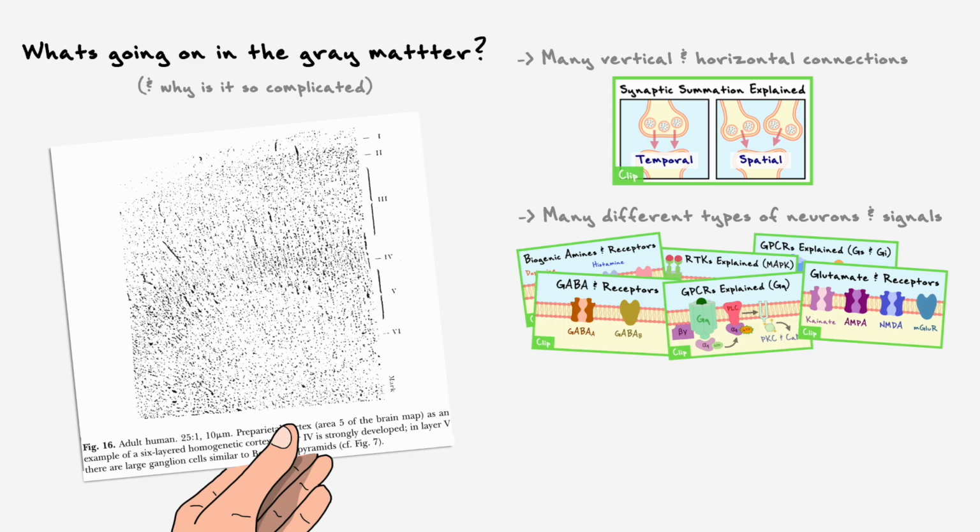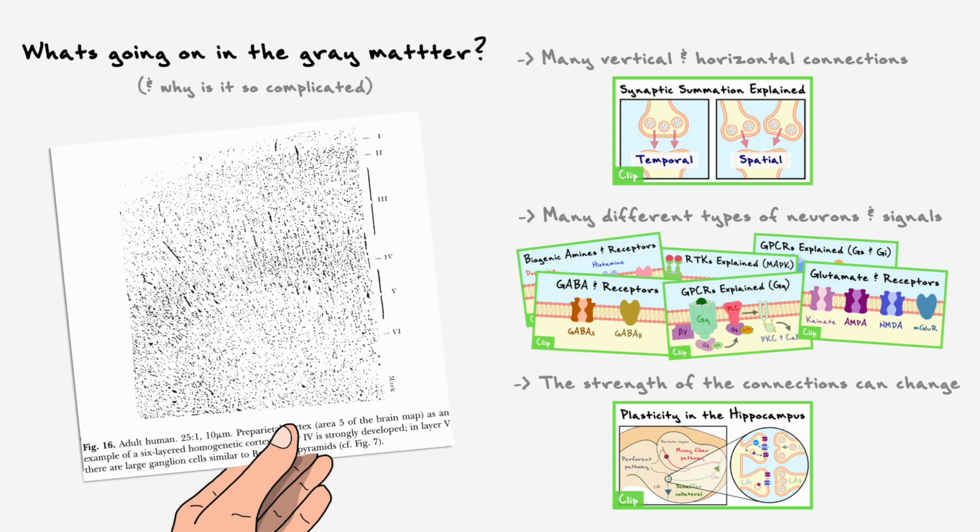One last aspect that I want to point out that makes the whole circuit even more complicated is the fact that the strength of the connections between the neurons can change through various mechanisms of plasticity, which again adds another level of complexity. Nevertheless, in future videos, we will revisit the gray matter to explore the model scientists have come up with to describe the different types of neurons, how they assembled, and most importantly, how they end up producing the cognitive functions we are all familiar with.